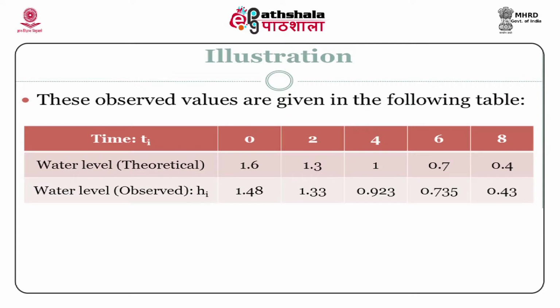Now, because of measurement inaccuracy, the water level observed are slightly different than the theoretically estimated water levels. So you can see that here at time ti, that is 0, 2 minutes, 4 minutes, 6 minutes and 8 minutes, the observations are made at these 5 points. So theoretical water level will be 1.6, 1.3, 1, 0.7 and 0.4, because every 2 minutes 0.3 cubic meter will be reduced.